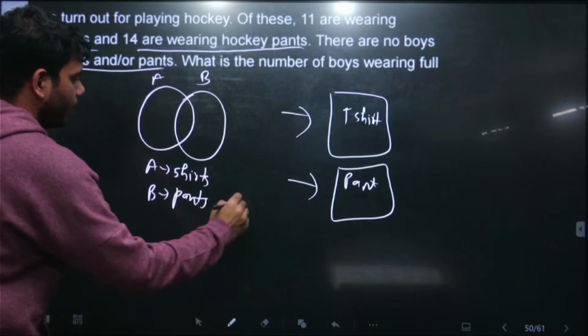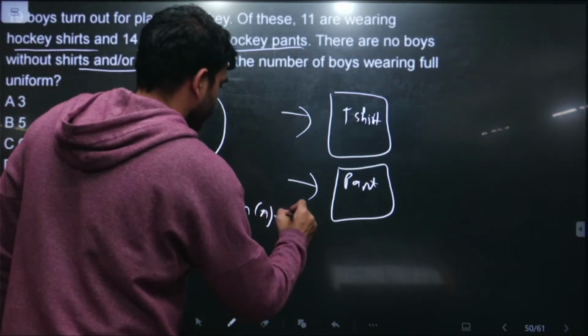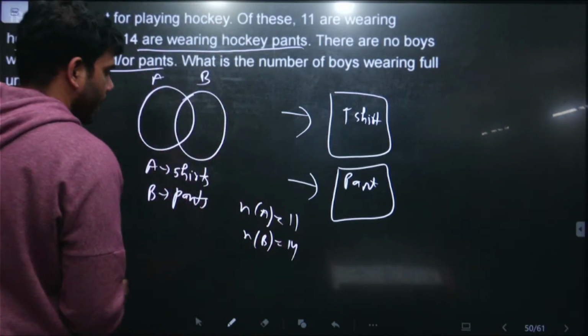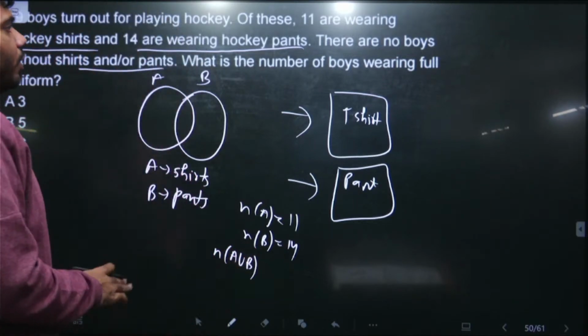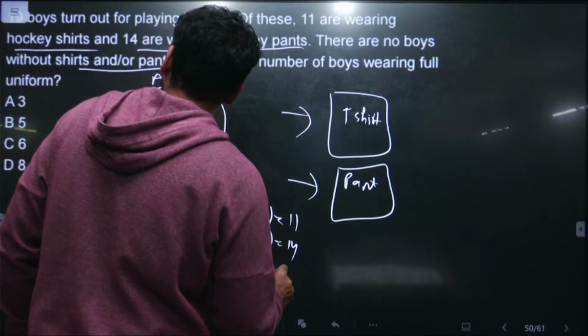We know the number wearing hockey shirt is 11, the number wearing hockey pants is 14, and the total number of persons, क्योंकि either they will be wearing hockey shirts or hockey pants, कुछ ना कुछ तो पहनेंगे वो, so the total number of students is 19.